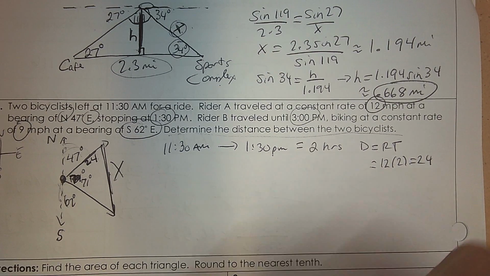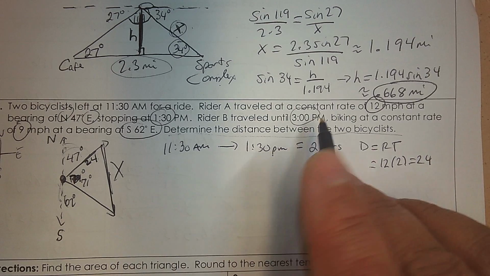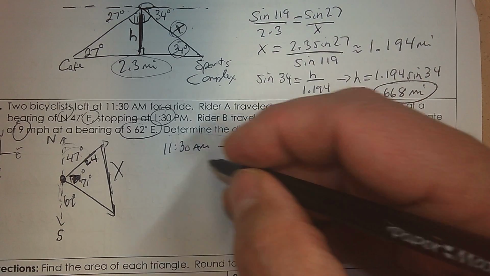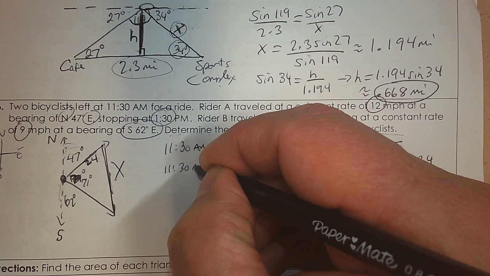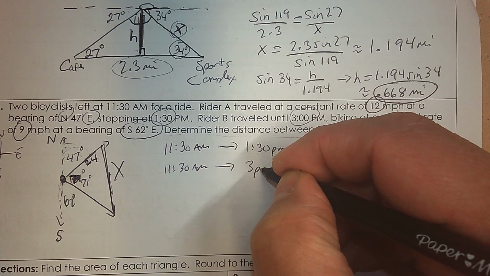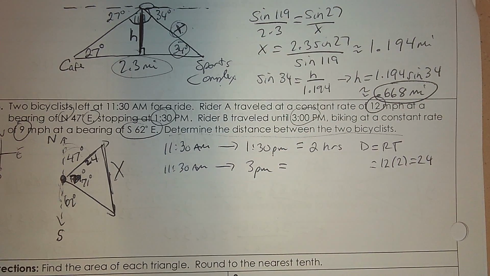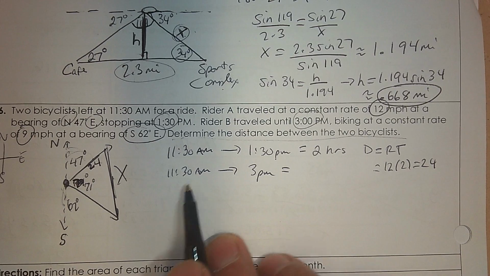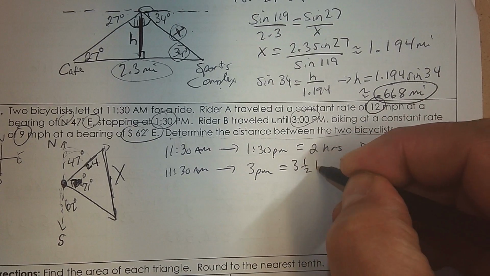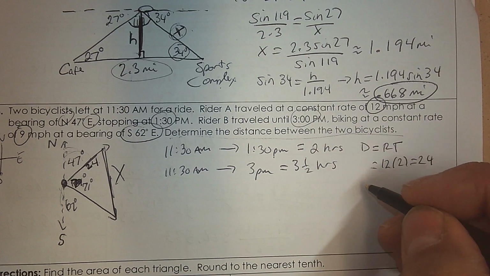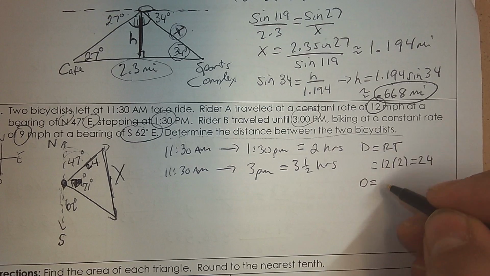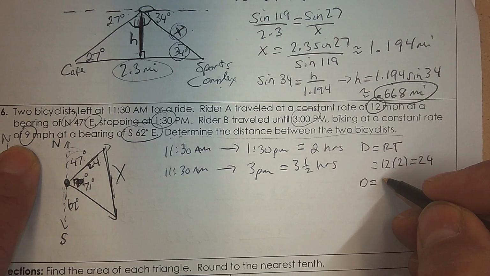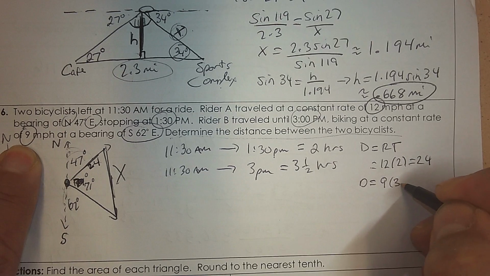The second one didn't stop until 3. So we have 11:30 a.m. to 3 p.m. Well, that would be how many hours? 3.5 hours, right? So using the same type of formula here, the rate he went was 9 miles per hour, and then 3.5.